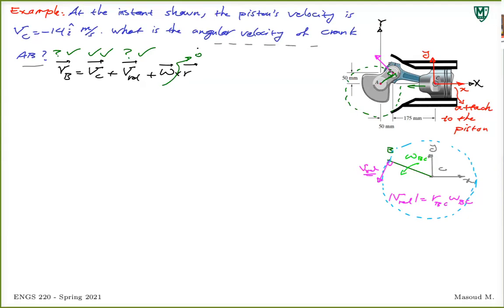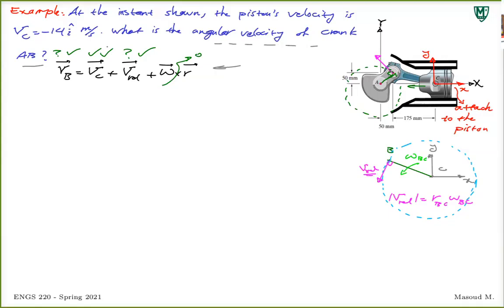Now look at this equation that we have here. Because this is a vector form equation, you get components in the X and Y direction, I and J. So you are allowed to have two unknowns.